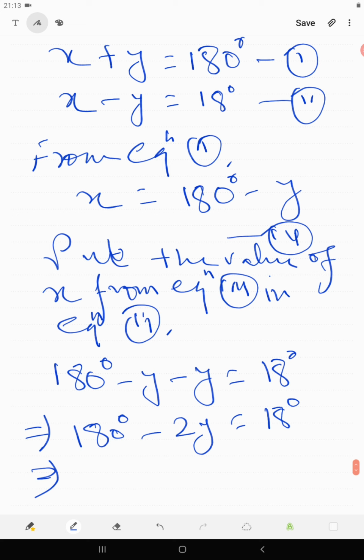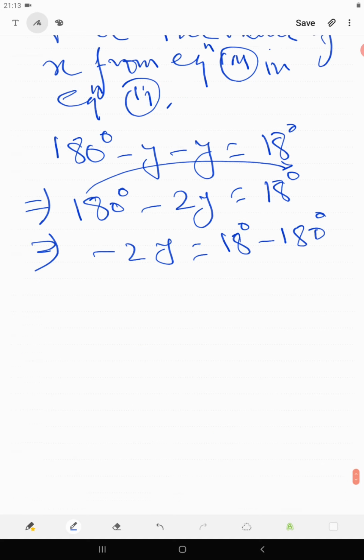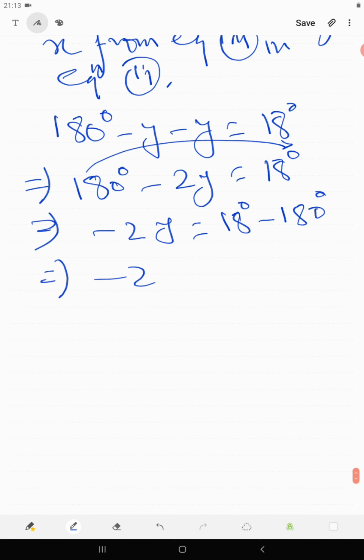So 180 degrees will go to the right-hand side. It will become negative as it is positive on the left-hand side. So 18 degrees minus 180 degrees. So minus 2y equals minus 162 degrees, because 18 and 180 have opposite signs, one plus, another minus.